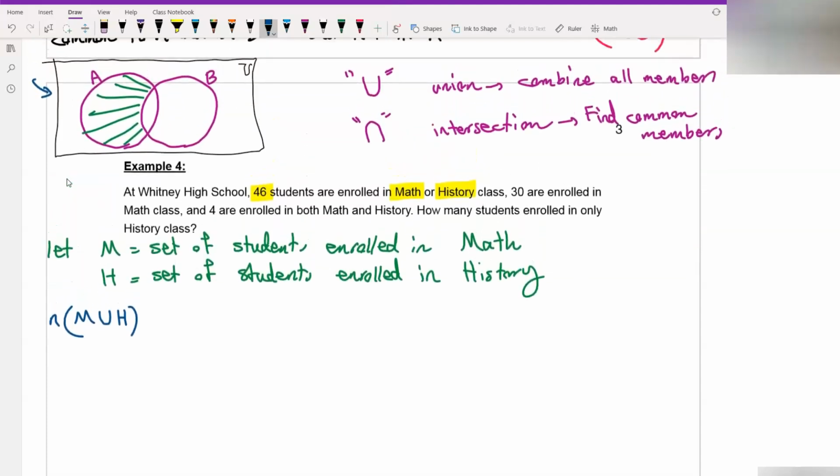When I say or, that means we have to use a union. So this one is or, intersection is and. So math or history, we have 46.